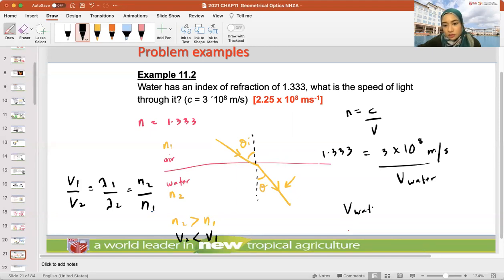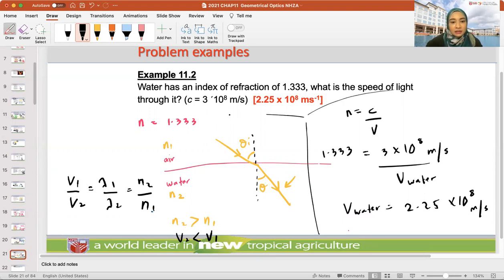Just use your calculator and you will find that v is equal to 2.25 times 10 to the 8 meters per second. Totally irrelevant, right? But I wanted to show it anyway. This is not the answer, I just wanted to tell you.